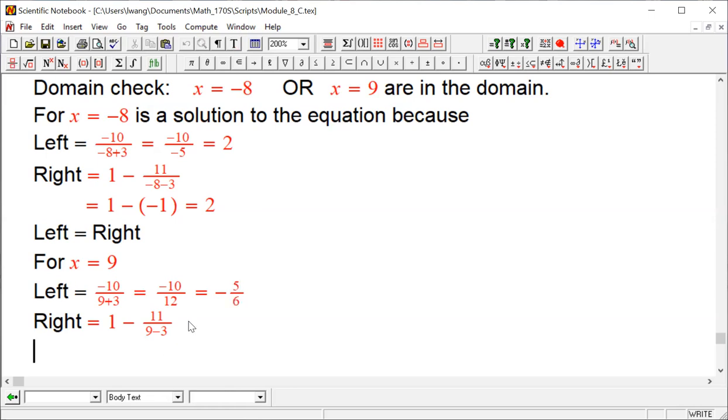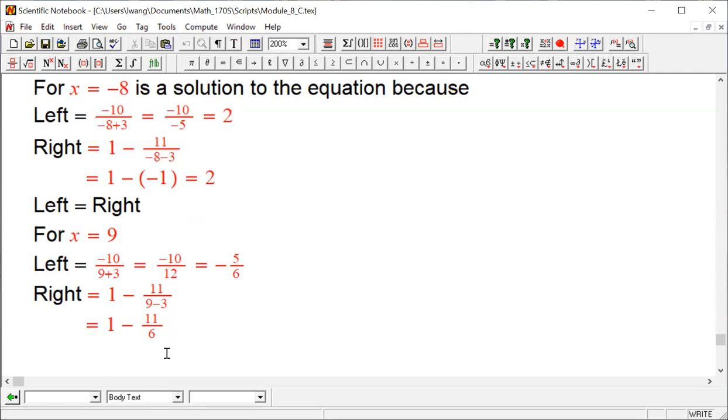On the right-hand side, we get 1 minus 11 over 6. Find common denominator. 1 equals 6 over 6 minus 11 over 6. And that result is also going to be -5 over 6.